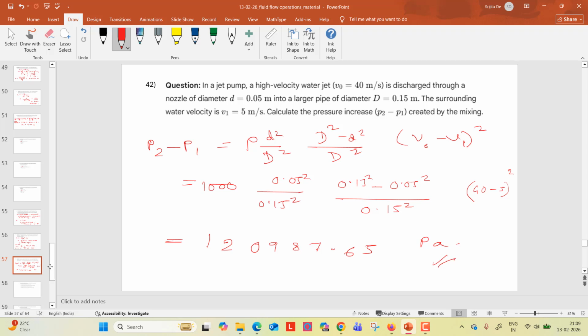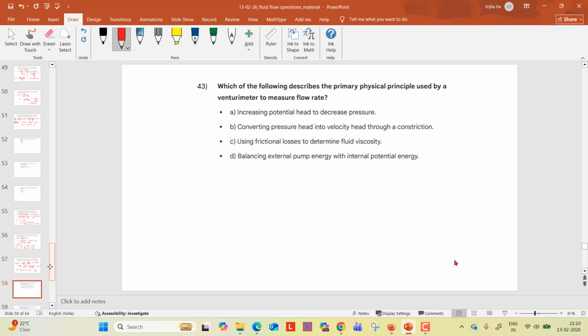Next, which of the following describes the primary physical principle used by Venturi meter to measure the flow rate? It is option B, converting pressure head into velocity head through a constriction.